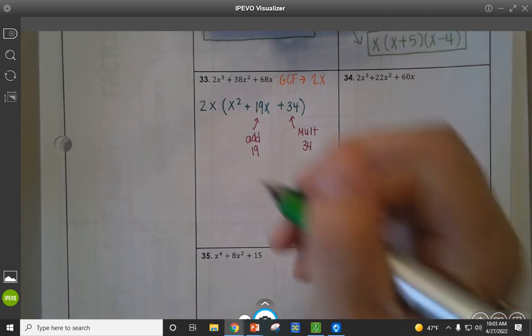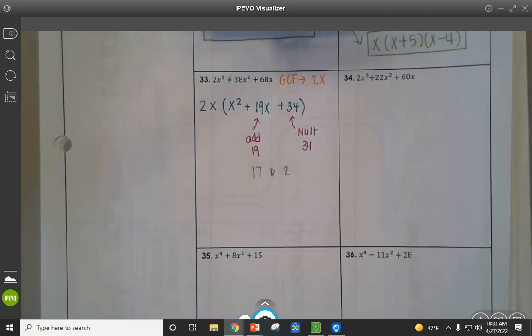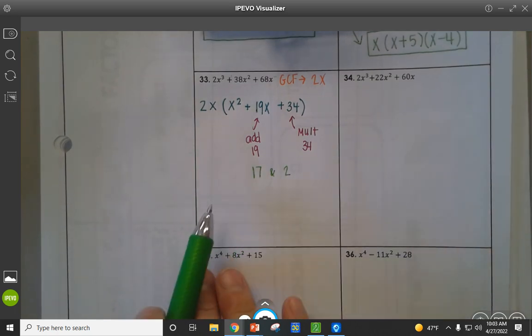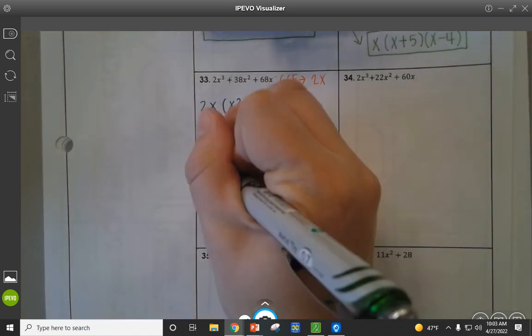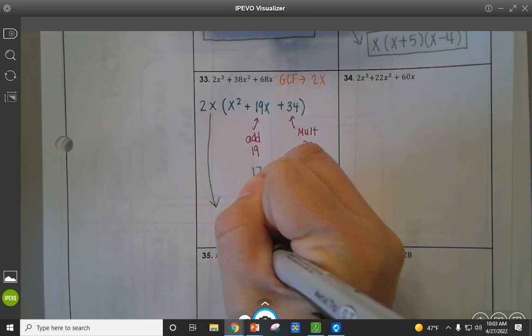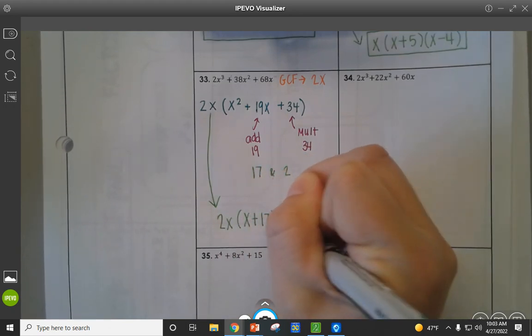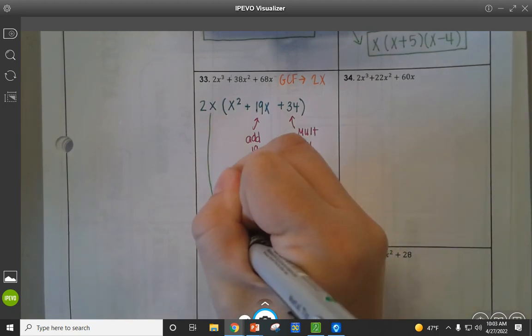McKinley? 17 and 2. 17 times 2 is 34. 17 plus 2 is 19. So we write the GCF down, and then x plus 17, x plus 2.